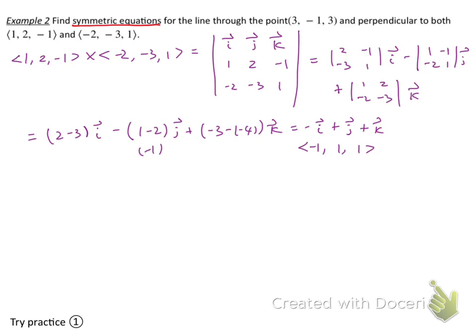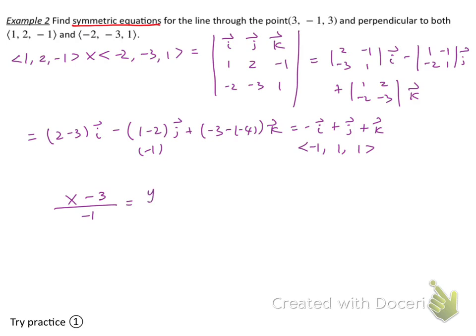The symmetric equation will be x minus the x coordinate of the given point, over the x component of the direction vector. Notice direction vectors normally are supposed to be length 1, but here it's a direction we're going to multiply anyway, so it doesn't really matter whether the length is 1 or not.